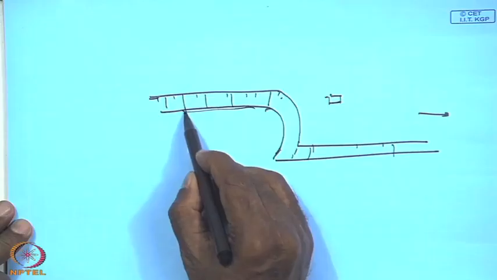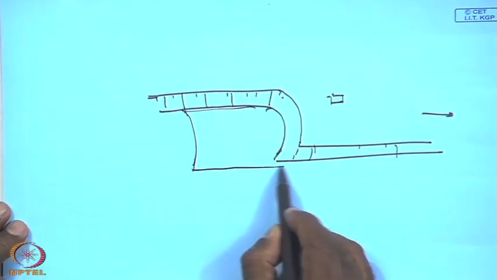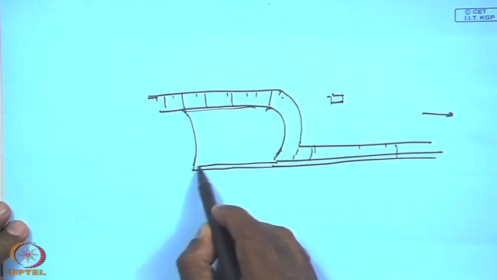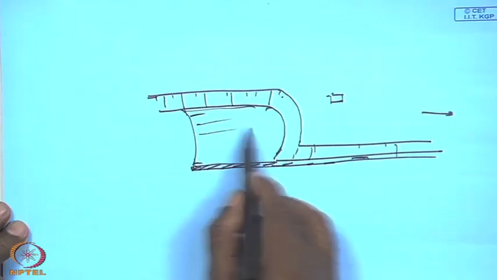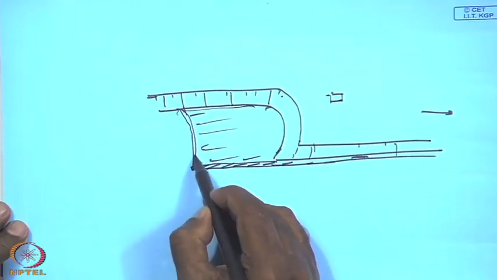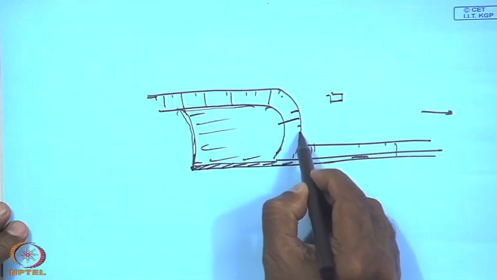Here, suppose you have exposed this coal seam, this is your exposed coal seam, this is your old coal here, and then this is your overburden.